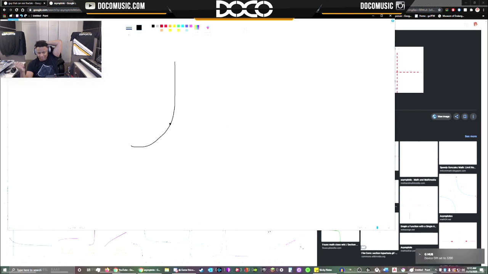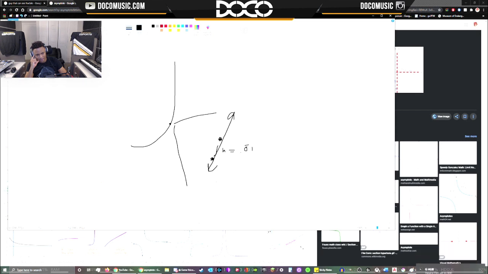What you're really doing, if you zoom in infinitely, is there's really a point here and a point here, and that distance is h, which is like 0.0 repeating 1, and you're finding the slope between those dots. And you can do that with calculus.